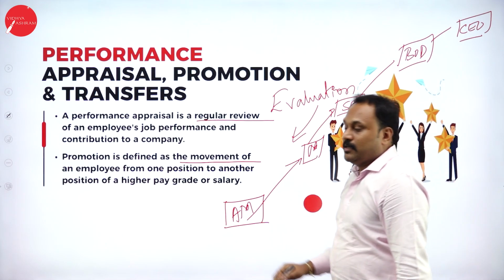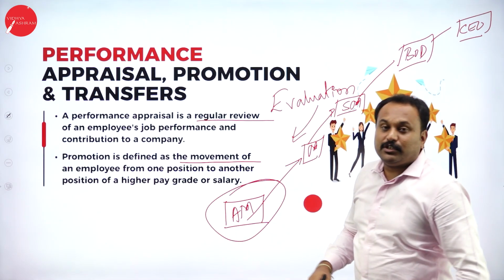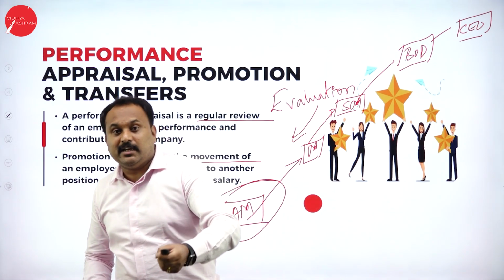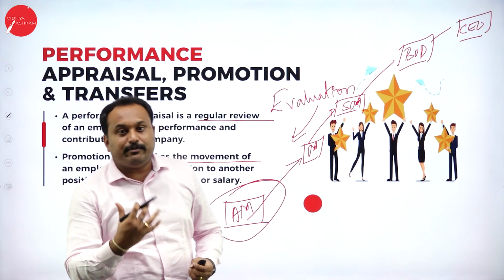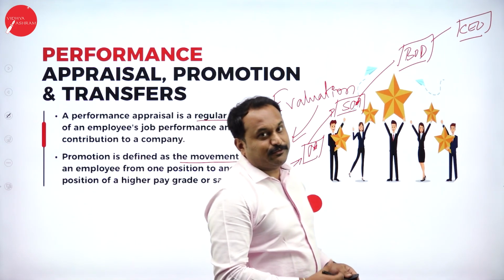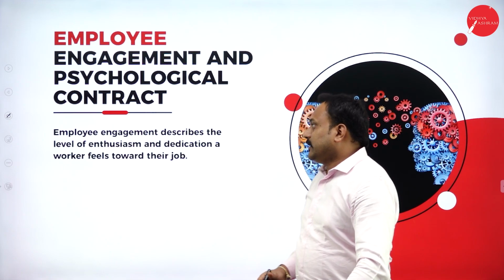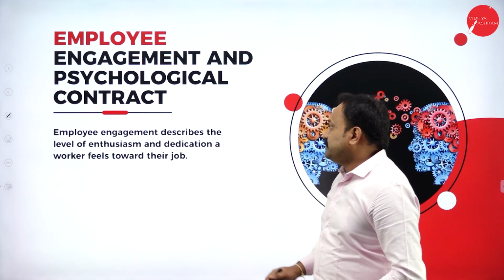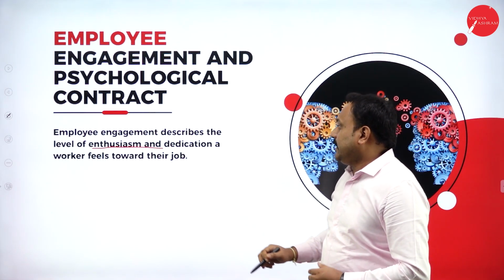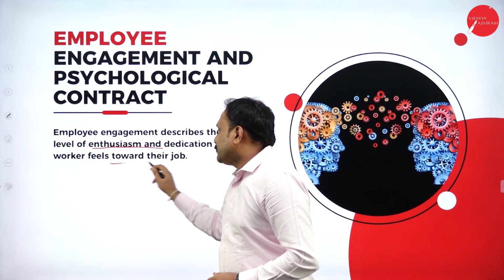How from one position to another position you travel and how much responsibility is increased, how much salary is hiked, how much incentive benefits you are getting. Everything you will get to know step by step. That is what the fourth chapter is. The fifth chapter, I told you this, employee engagement, describes the level of enthusiasm and dedication a worker feels towards their job.